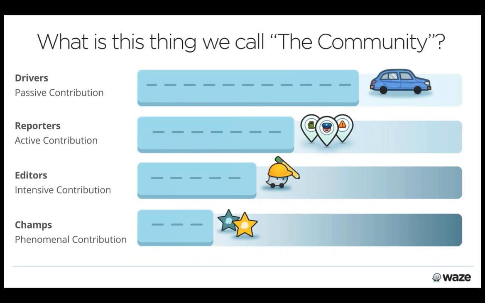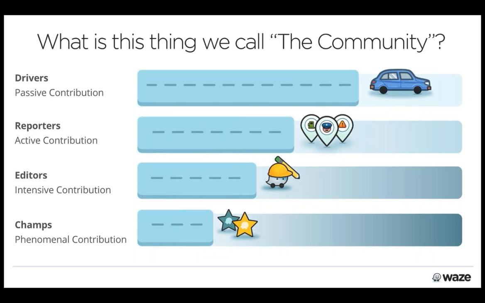Reporters are active contributors. These are people that drive with Waze, and they also report things like gas station prices, hazards on the roads, or police cars. Now, when we talk about the community for the purpose of this webinar, we're going to be talking about the following two areas, and really this one area overall. The editor community are people that log in to our web-based map editor and make a really intensive contribution.